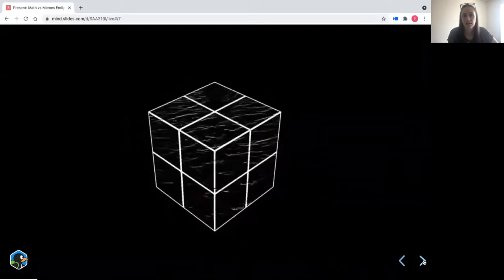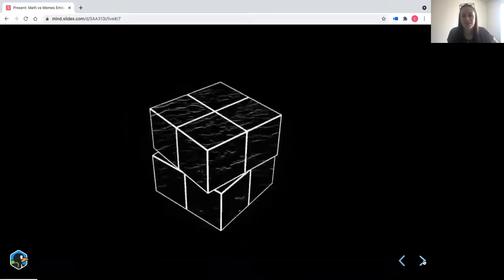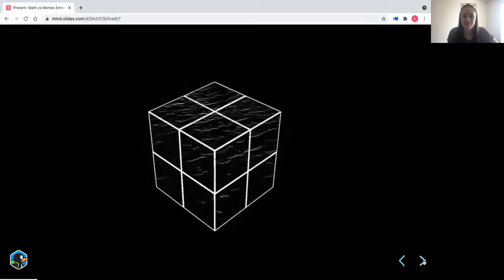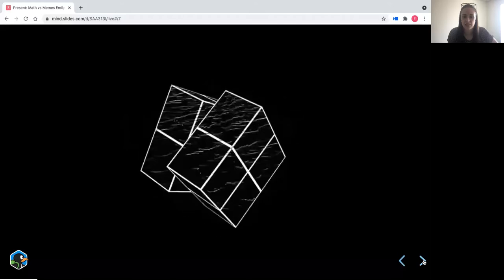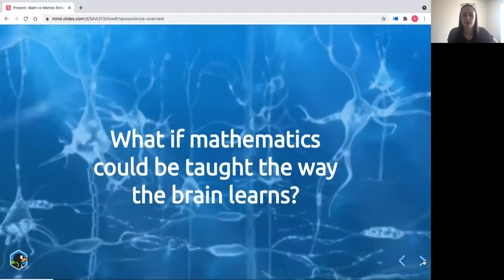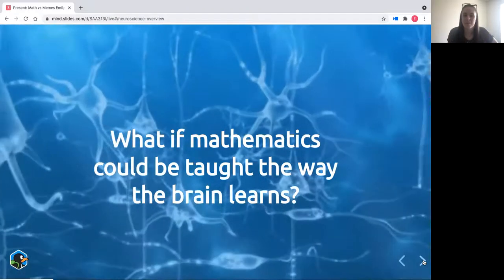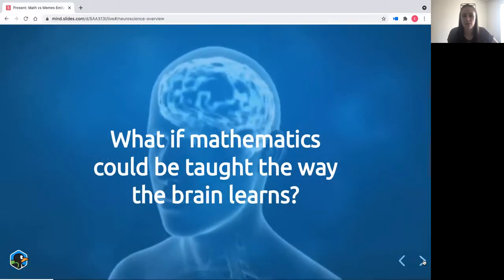In the late 1990s, our researchers at UC Irvine were looking into spatial temporal reasoning and how it connected to music, creativity, and mathematics. The fundamental question we are asking is, what if math could be taught in the way that the brain learns?